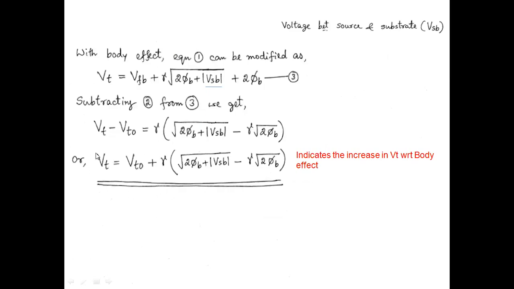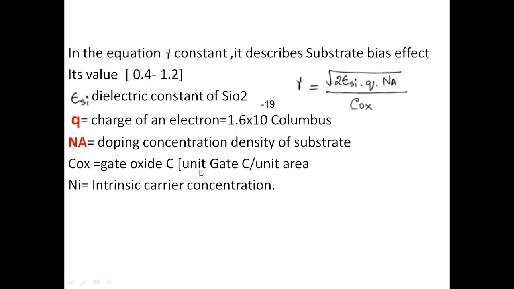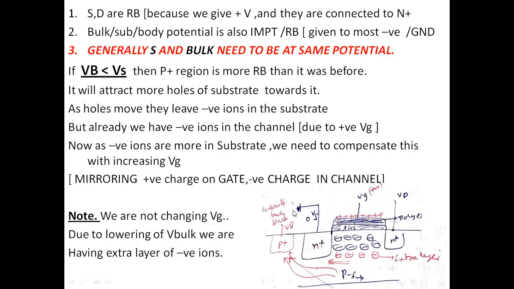The equation for threshold voltage is this one, and it indicates an increase in the body effect with respect to VTO. Can you remember this equation for body effect, as well as the figure for explanation of body effect.